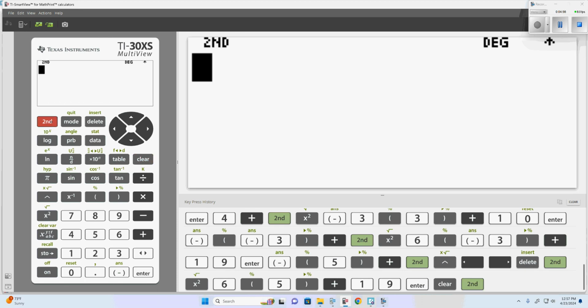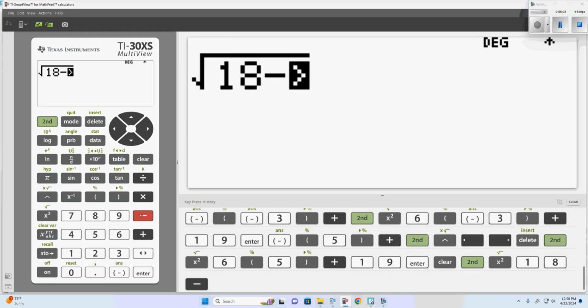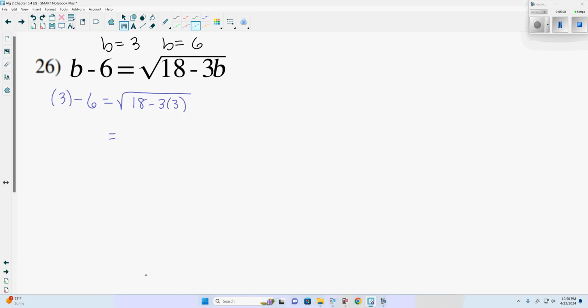Now on the one side, we have the square root of 18 minus 3 times 3, and we get 3. So the right-hand side of this is 3. The left-hand side, we have 3 minus 6, which is negative 3. And, well, negative 3 is not equal to 3. So b equals 3 does not work.